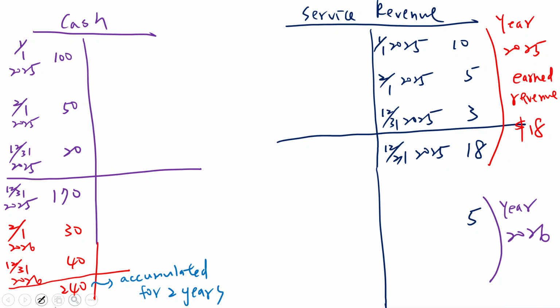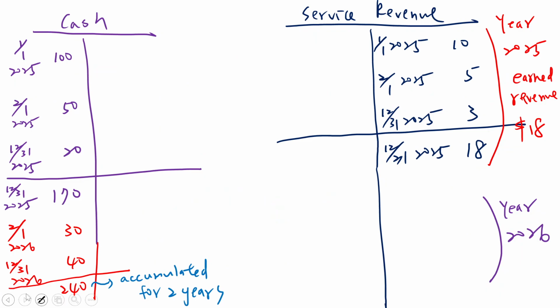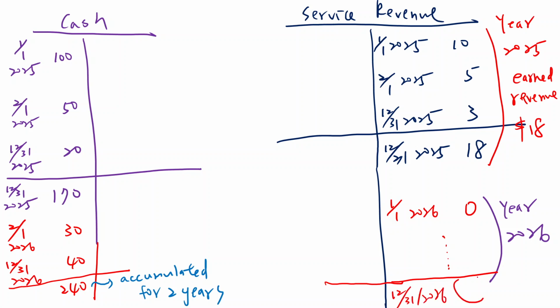So the problem is, for 2026, we should start up the number from 0 and continue to add up the revenues. Okay? The revenues only for year 2026.